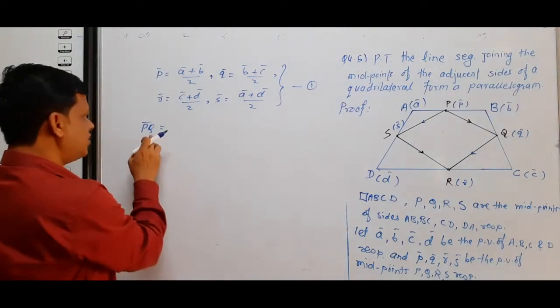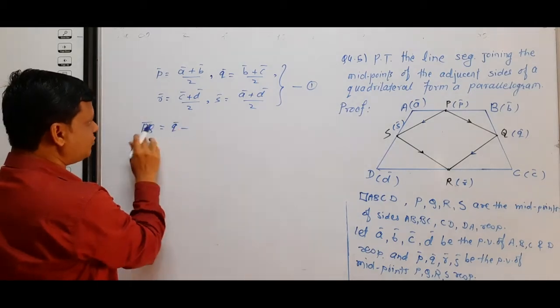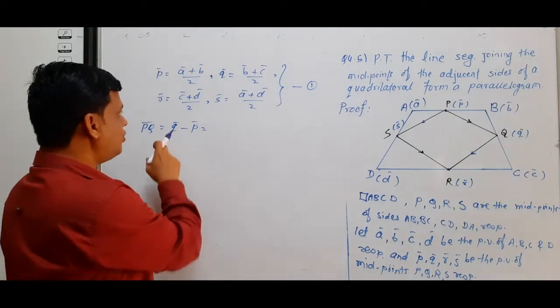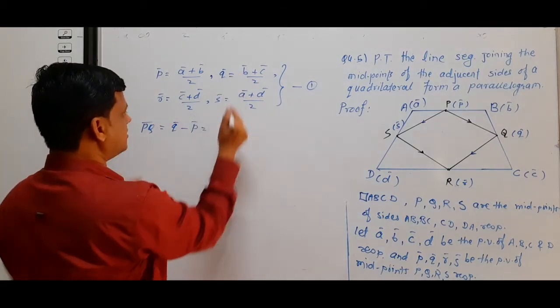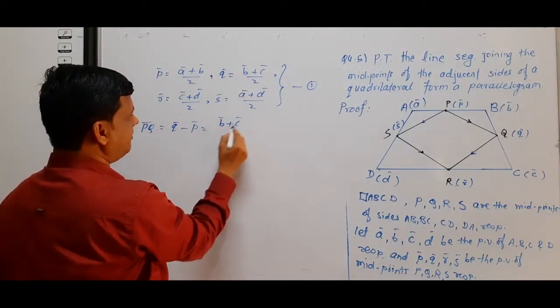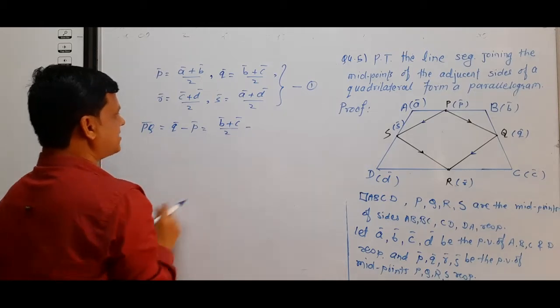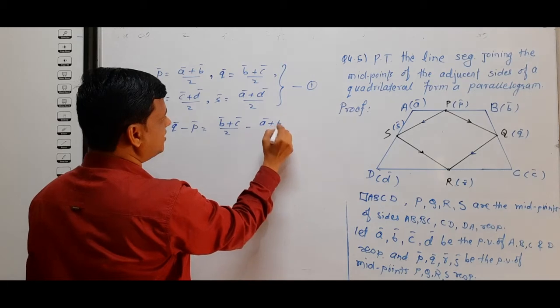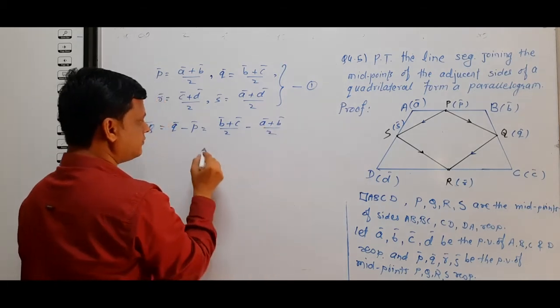Vector PQ: the final point is Q and the initial point is P. So we write the position vector of Q minus the position vector of P. Substituting the values, Q is B bar plus C bar upon 2 minus P bar, which is A bar plus B bar upon 2.